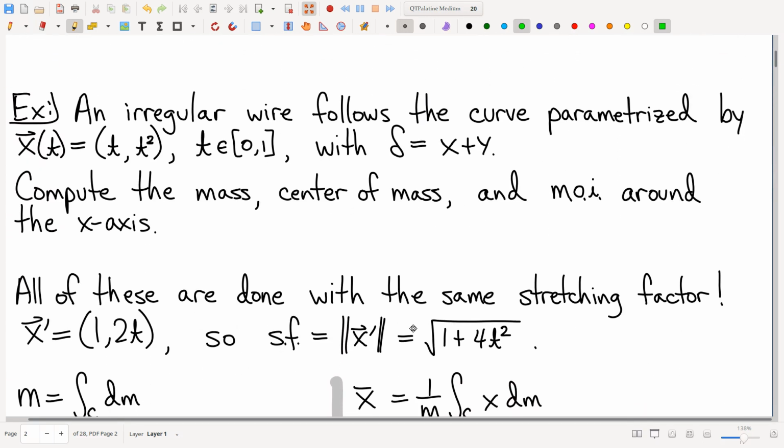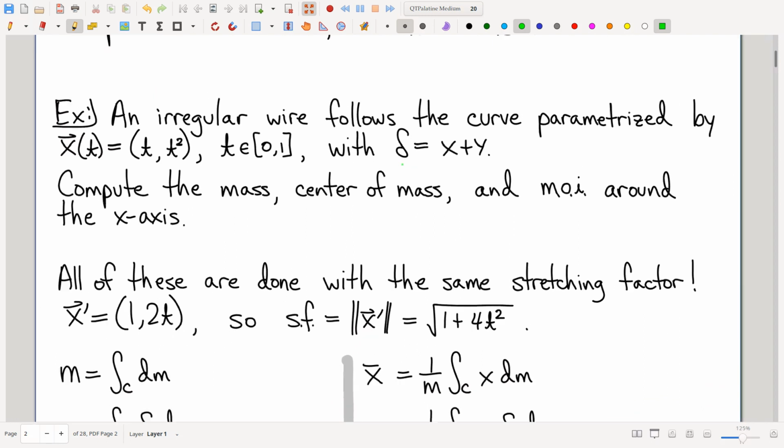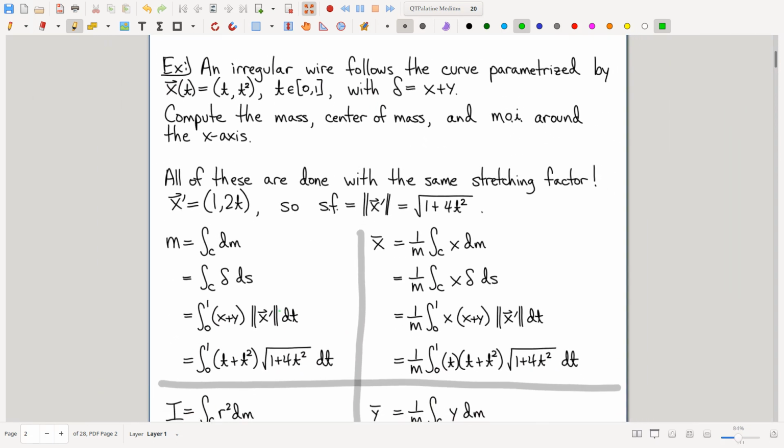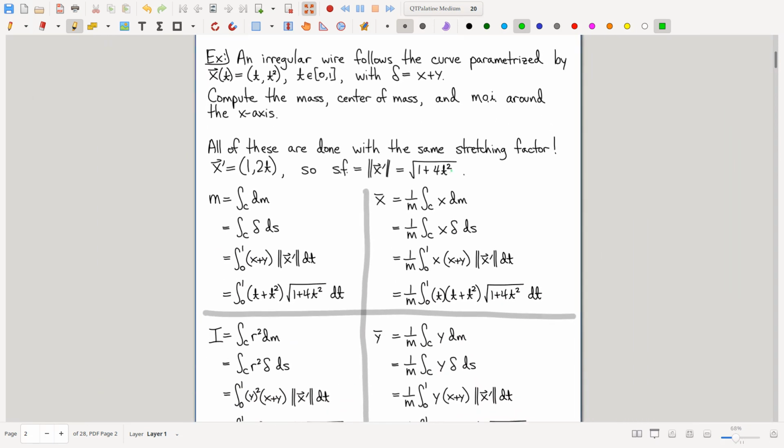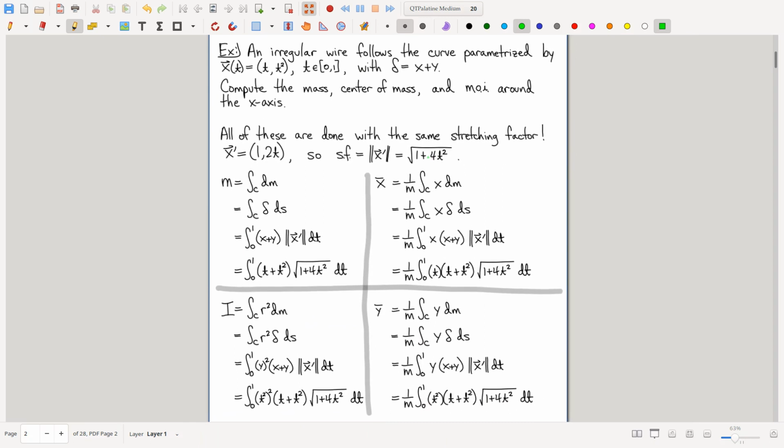Okay, so here's an example. This is actually a bunch of examples. We're going to do a bunch of examples all at the same time here. In particular, I have the following setup. There's a wire of non-constant density, and it's following a path parameterized like so. Here's the non-constant density.